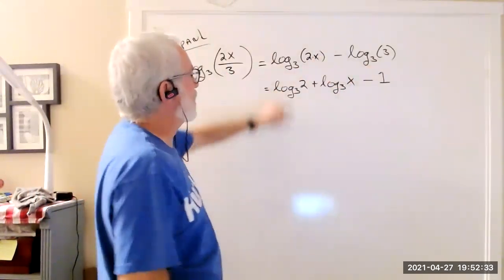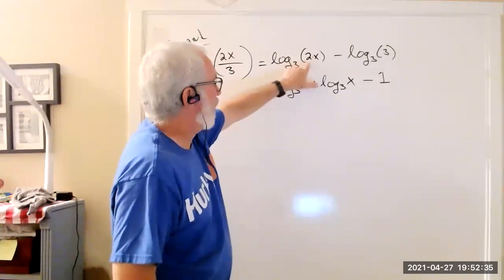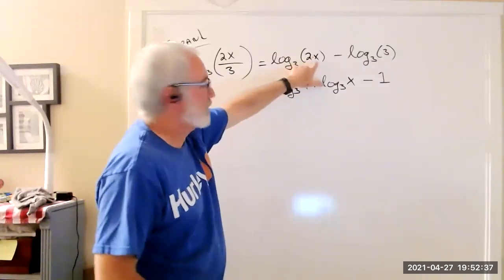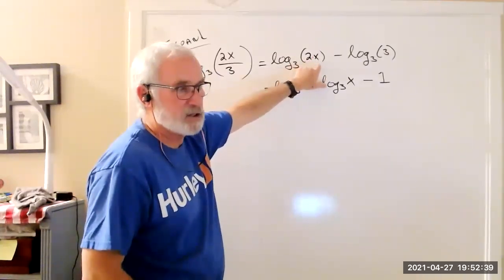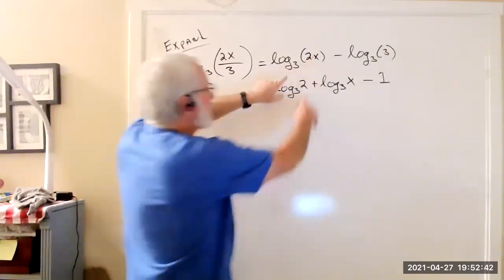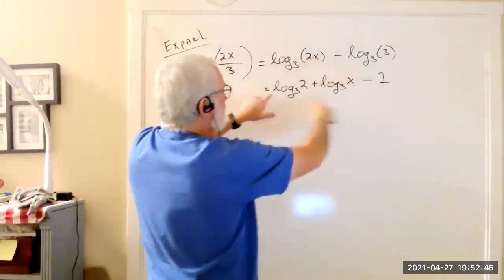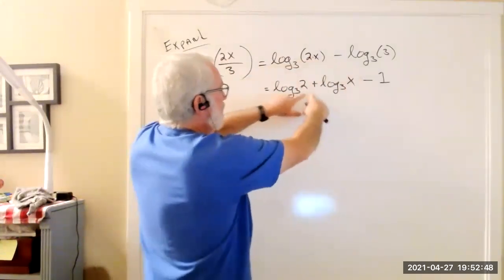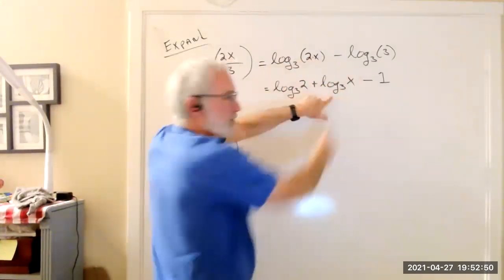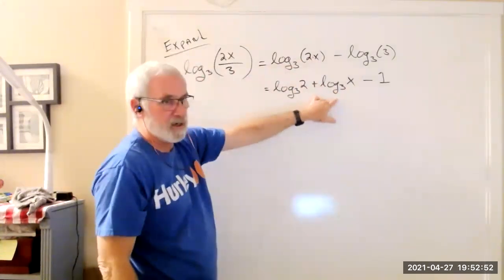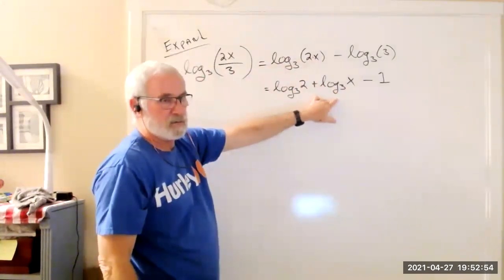Next question then, do you understand how I viewed 2x as 2 times x? So I have the log of a multiplication gets expanded into the log of the first plus the log of the second. Is that okay with everybody? That's called the product rule.